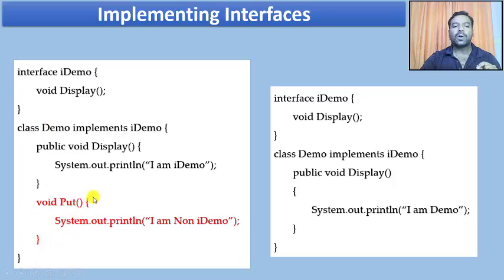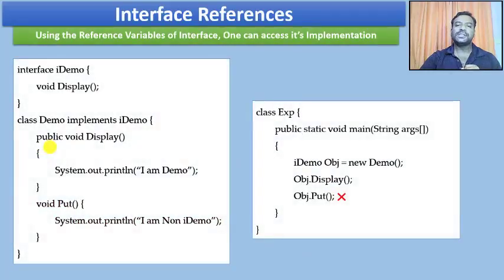Hence we call this a non-interface method. So whenever it's an interface method, you need to specify it as a public member. When it is not, you are left with the option. You can use public or default or protected or private of your choice. Hence, this is what you should do when you're going to implement an interface inside a class.